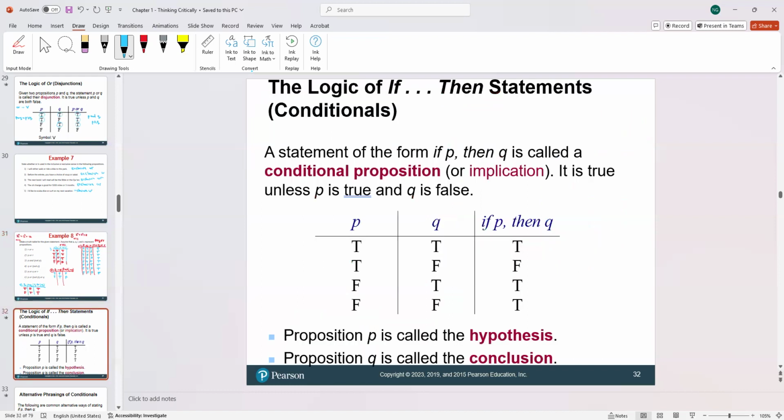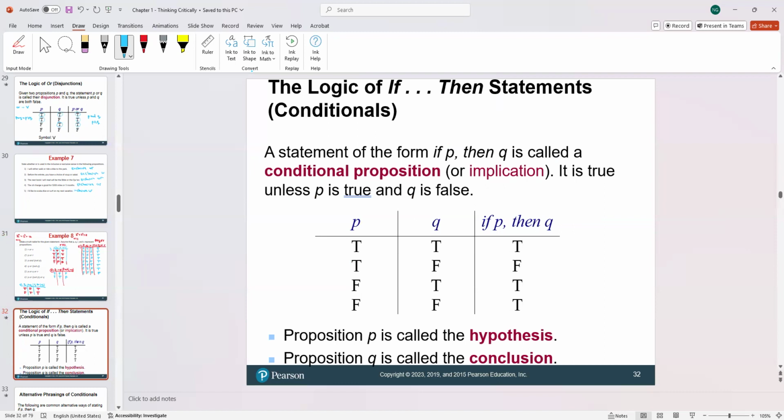Now, what we're gonna see in the next sections, because we do all those logics, we're gonna focus on the logic of if then. That's a condition, right? Let's go with FC Barcelona for soccer, real football.